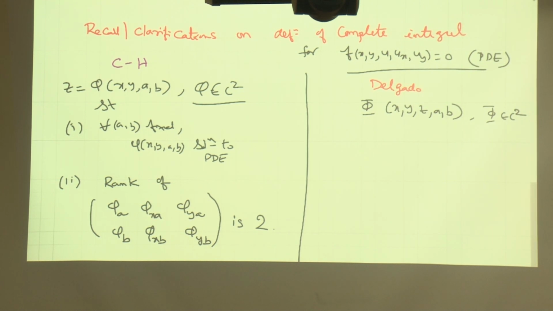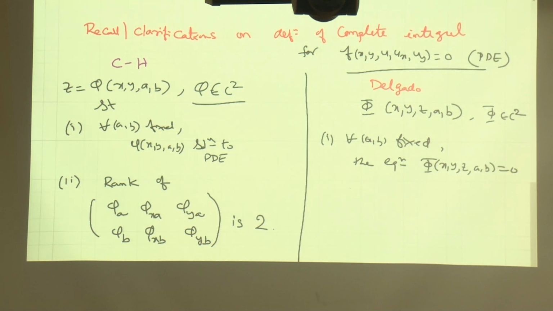Okay, with what property? First property. For every parameter a, b fixed. In the case of Courant-Hilbert, we directly said phi of x, y, a, b should be a solution. But now I don't have anything here, right? I don't have z solved in terms of x, y. So what they'll say is, with a, b fixed, the equation capital phi of x, y, z, a, b equal to 0 has something sitting inside which is a solution, right?